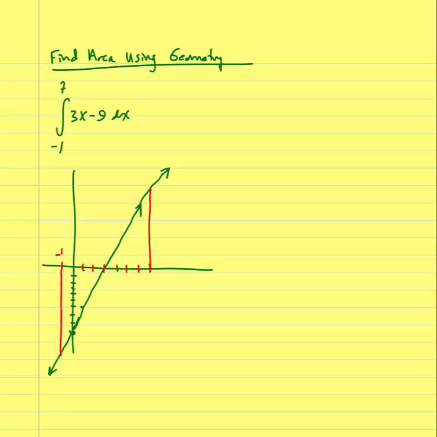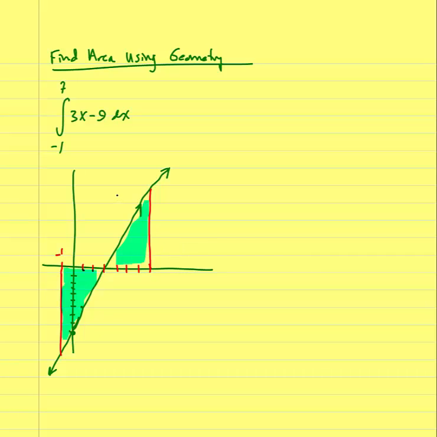I definitely have this idea of signed area occurring. So this area is going to be a positive area, and down here this area will be a negative area. So if I wanted to look at my total area, then I have two triangles here.